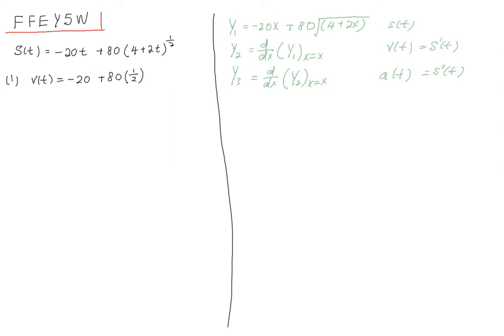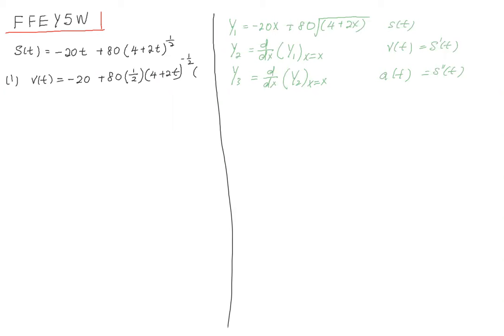Okay, Avika, what should I do next? Can you hear me? Yeah, I can hear you. Okay, I copy, bring down 4 plus 2t, to the power of minus 1 over 2. Can I stop here? Then multiply it with 2.